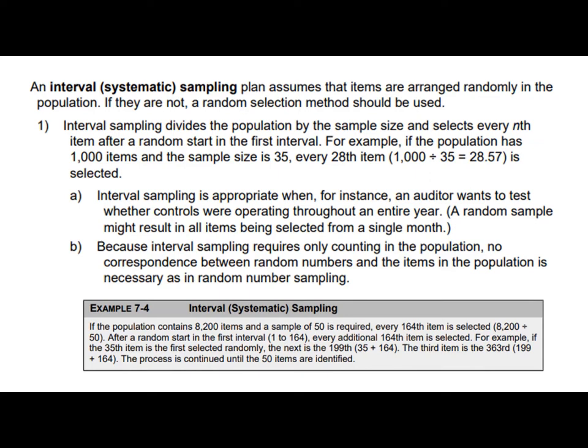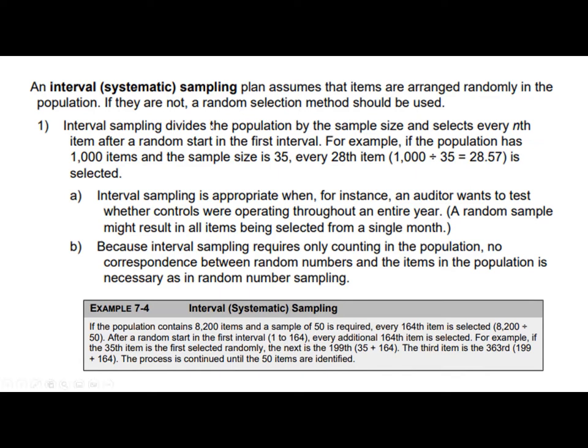All the population values should be randomly organized, not arranged in a particular order. In simple random sampling, sequentially numbered items have to be there because you pick the number. Here, they should be completely randomly arranged.